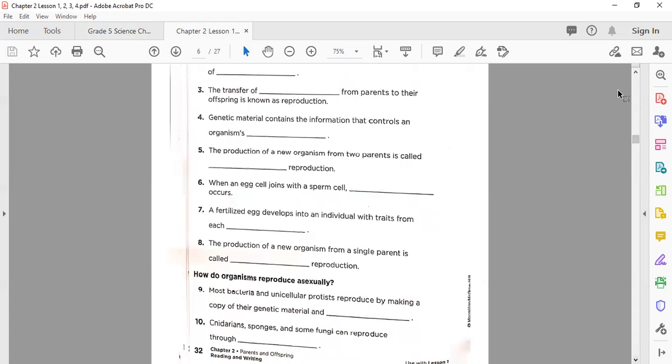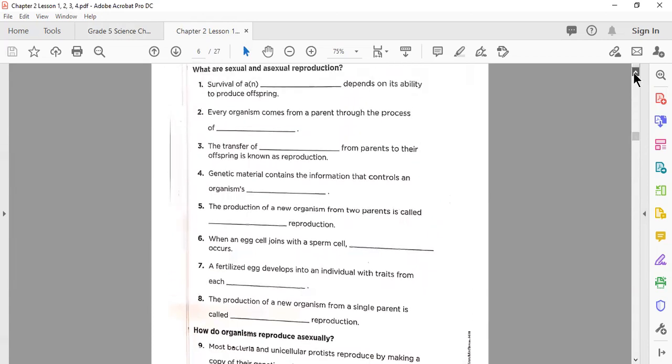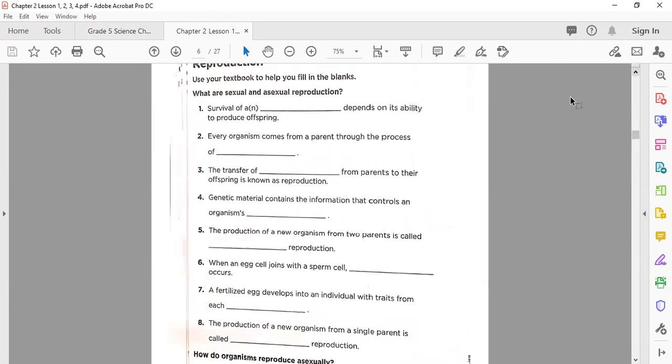On page number 32, you have to complete the questions from blank 1 to blank 8. They are about sexual and asexual reproduction, in which I explained everything in detail. So if you know, you can send me the answer in the chat.